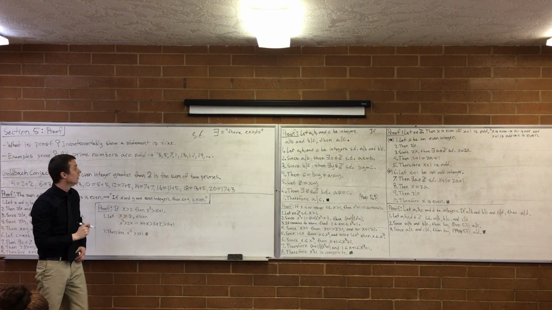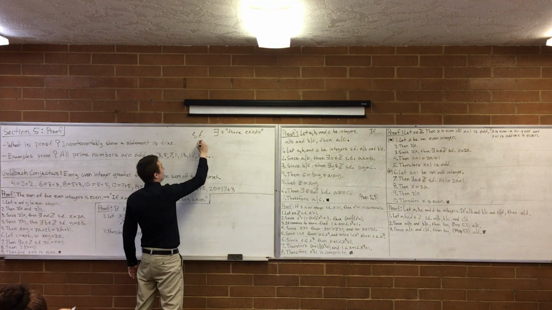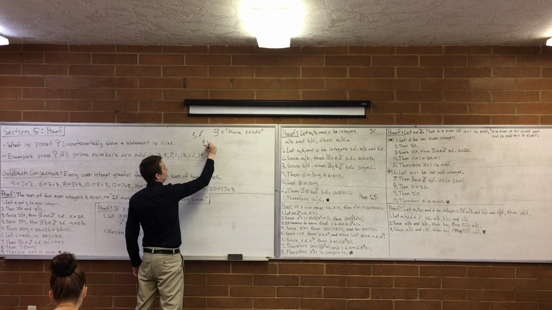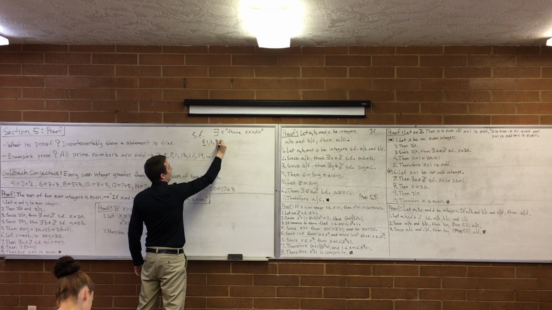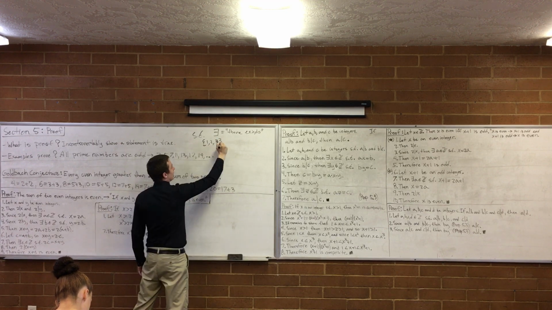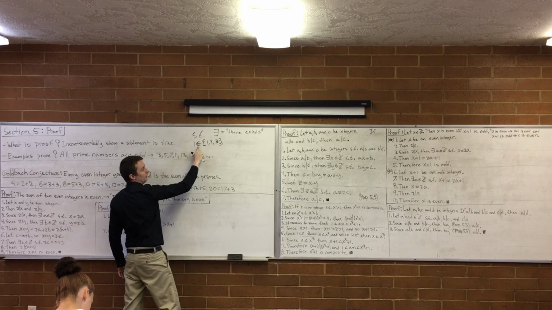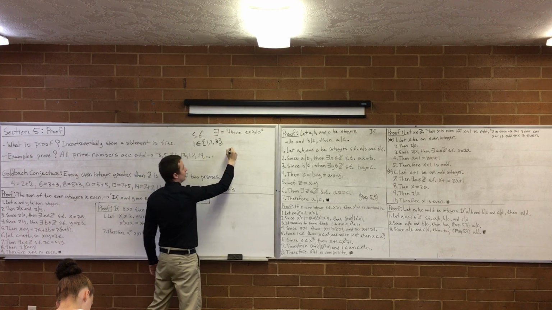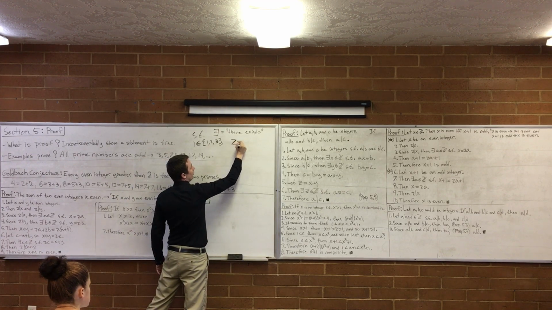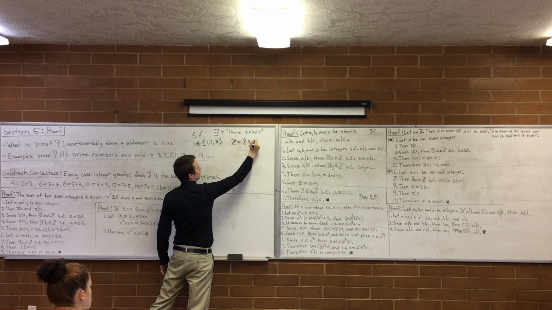And if I have a set with elements in it, 1, 2, 3, and I want to say that something is in that set, I can say that 1 is a member of that set. Remember that Z was the set of all integers.